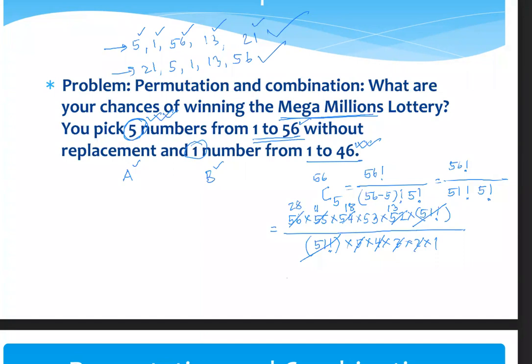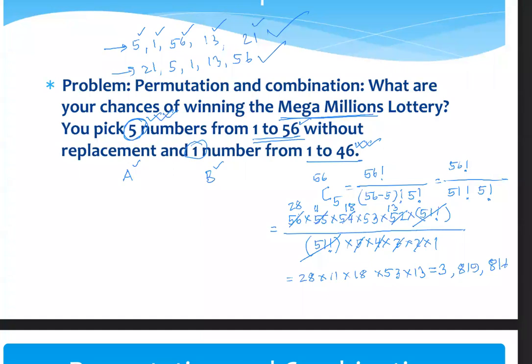So if I collect all these numbers, it's going to be 28 times 11 times 18 times 53 times 13. And if you multiply these numbers, you get 3,819,816.